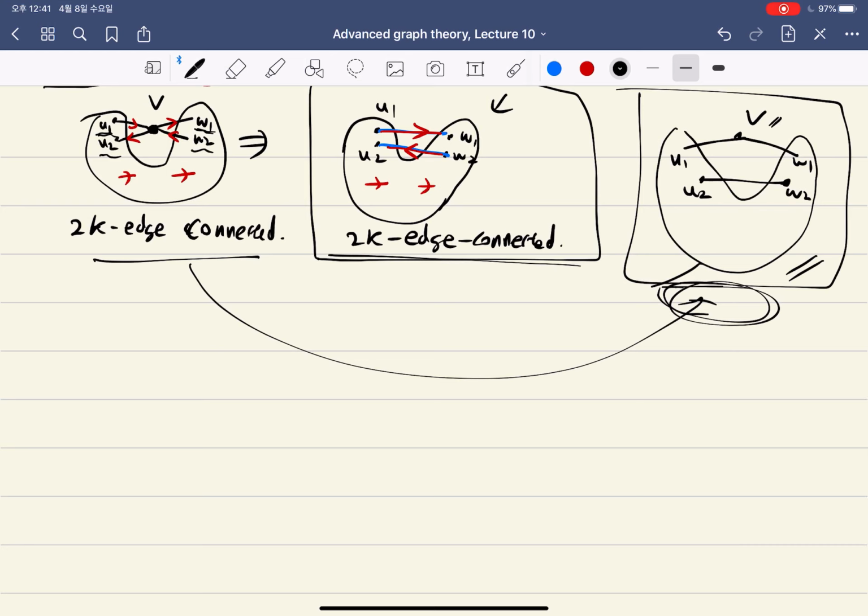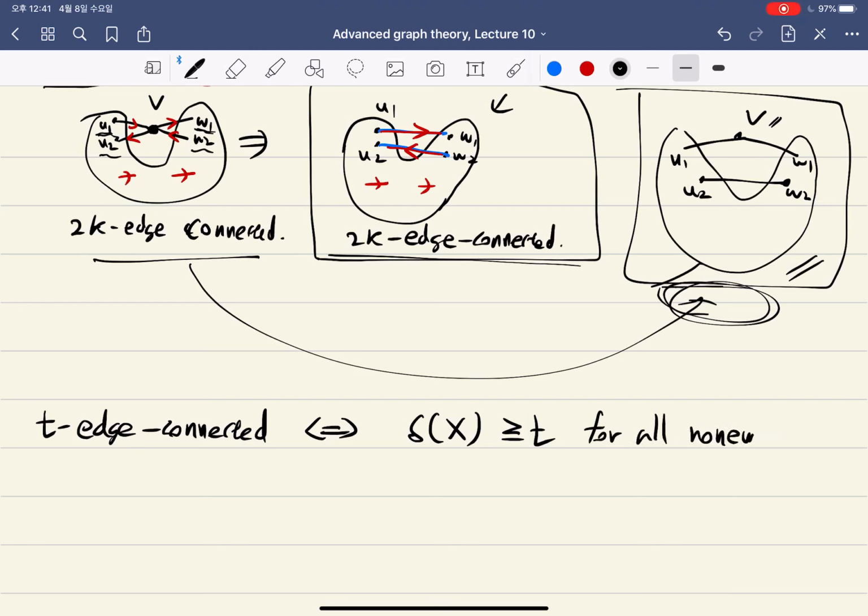So what does K connected mean? Let's say T-edge connected. It's easy to check that T-edge connected means that for any subset X, the number of edges leaving there is at least T, for all non-empty proper subsets X of the vertices.